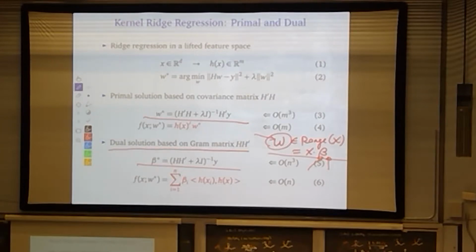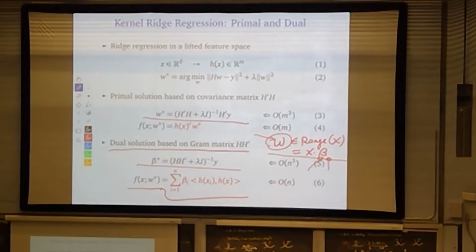But if you look at this, the prediction can also be re-expressed as a linear combination of beta i and these inner products between the explicitly lifted features. H transpose is essentially calculating H(xi) and H(xj) on the training instances.